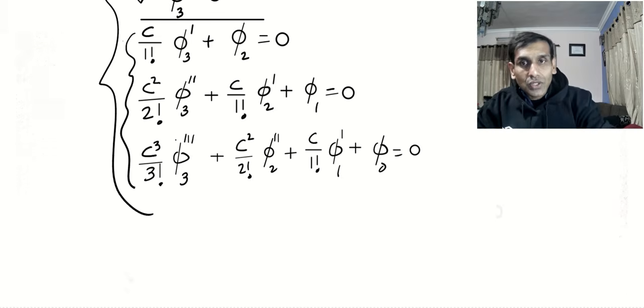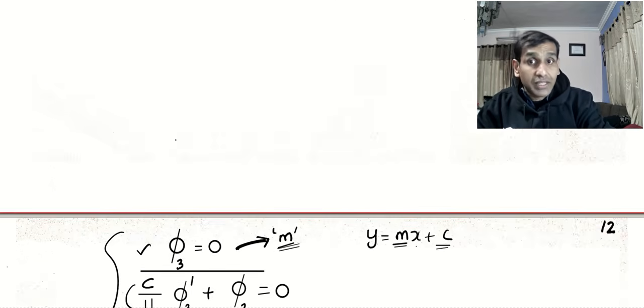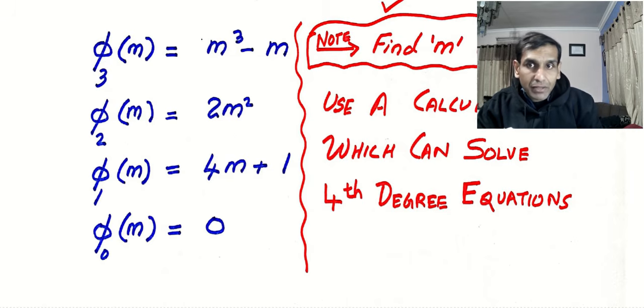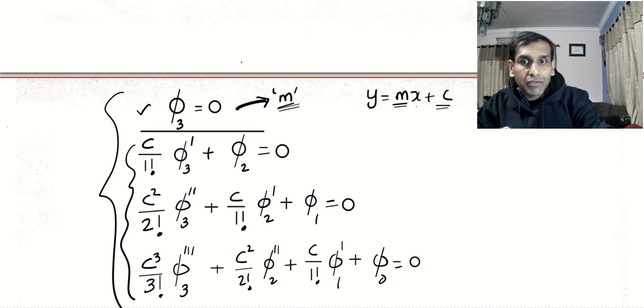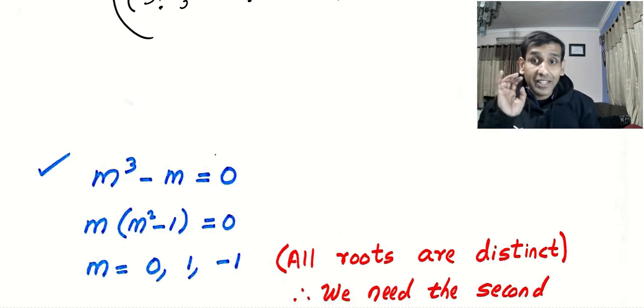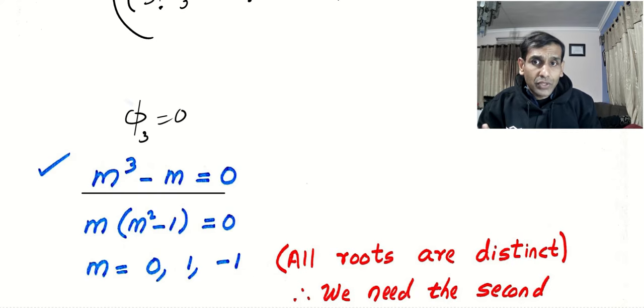Okay, so what is the use of the first equation? To find the value of m. So phi 3, where is my phi 3? This is my phi 3. So I'm going to write phi 3 equal to 0. I have already written here. So phi 3 is equal to 0. That gives me this, and I got this.